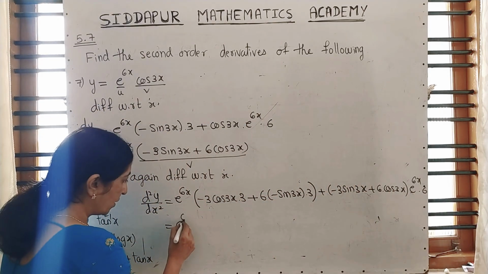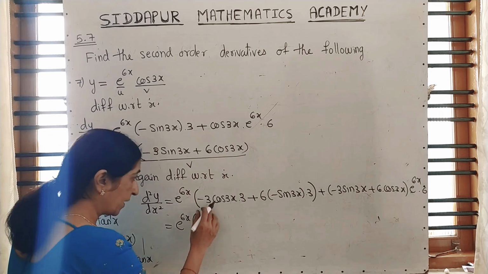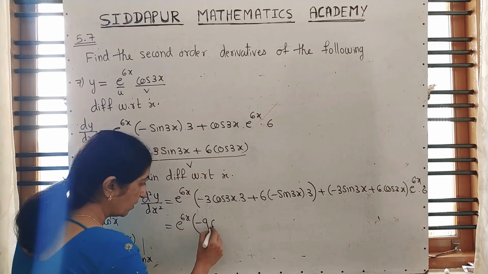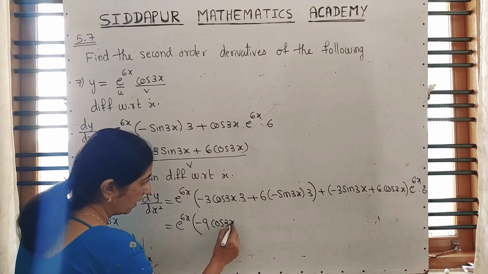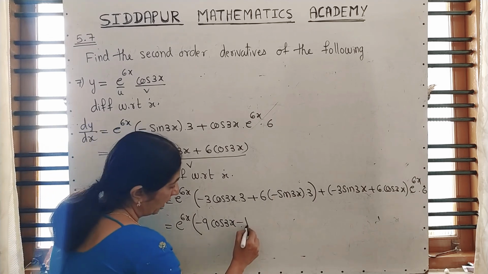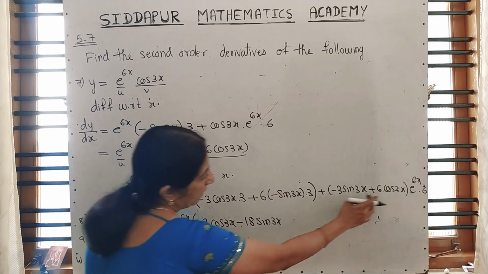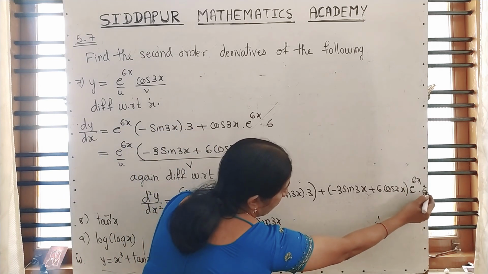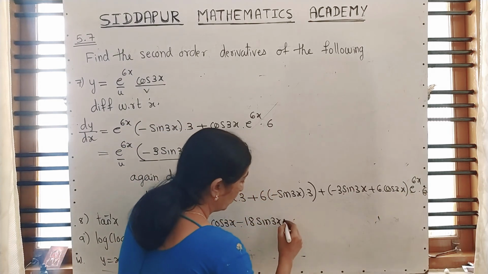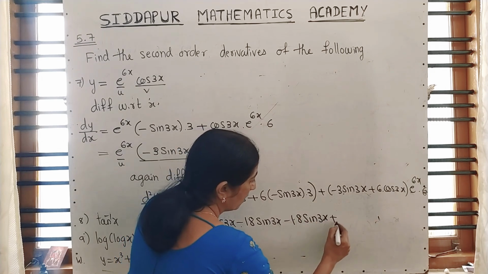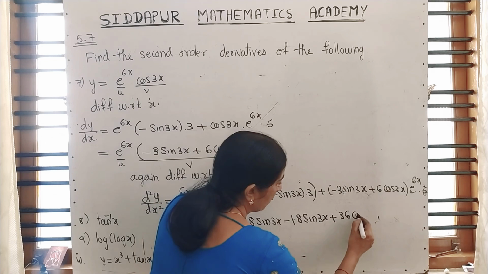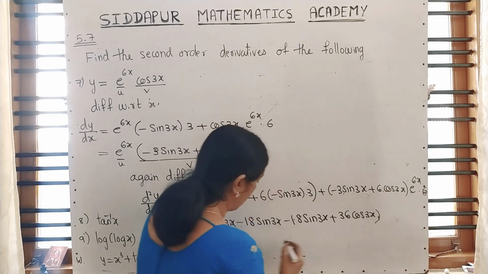Take e raised to 6x common in the bracket. It is minus 9 cos 3x. It is minus 18 sin 3x. And remember, outside 6 is there, it is multiplied with these two: minus 18 sin 3x plus 36 cos 3x.